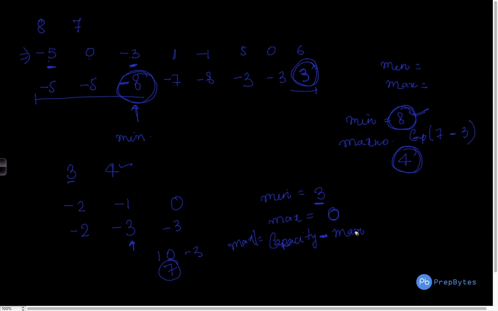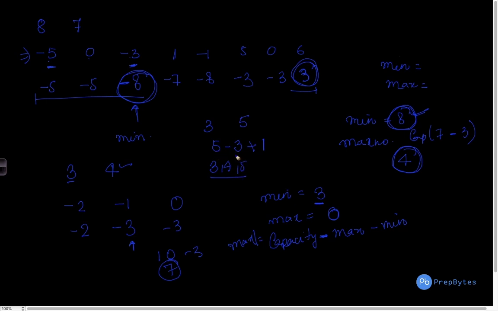And to calculate the number of combinations, it's going to be capacity minus max minus min, plus 1. Because let's say the minimum number of letters that could be kept is 3, and the maximum number that could be kept in a box is 5. Then what is the total number of combinations? It is going to be 5 minus 3 plus 1. Why are we adding 1? Because as you can see here, it's going to be 3, 4, 5, which is 3 combinations.